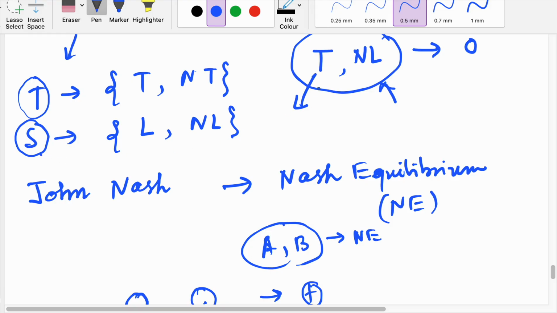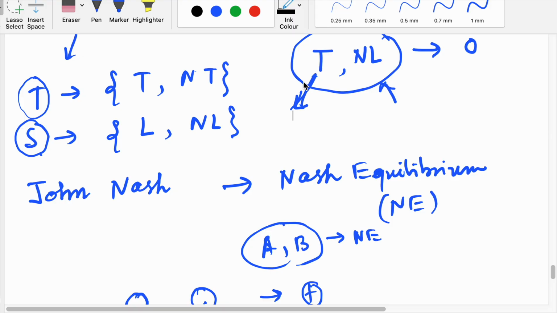If I assume that the student maximizes his or her payoff, what should I do?